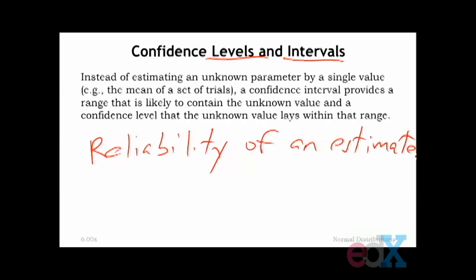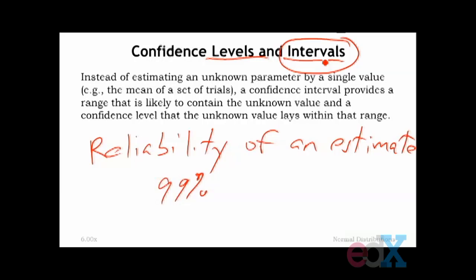As you can imagine, it's almost always the case that increasing the confidence level will widen the confidence interval. If you think about it, it makes a lot of sense. If I want to be 99% confident that my unknown lies within the interval, then I probably need a bigger interval than if I only wanted to be, say, 50% confident.